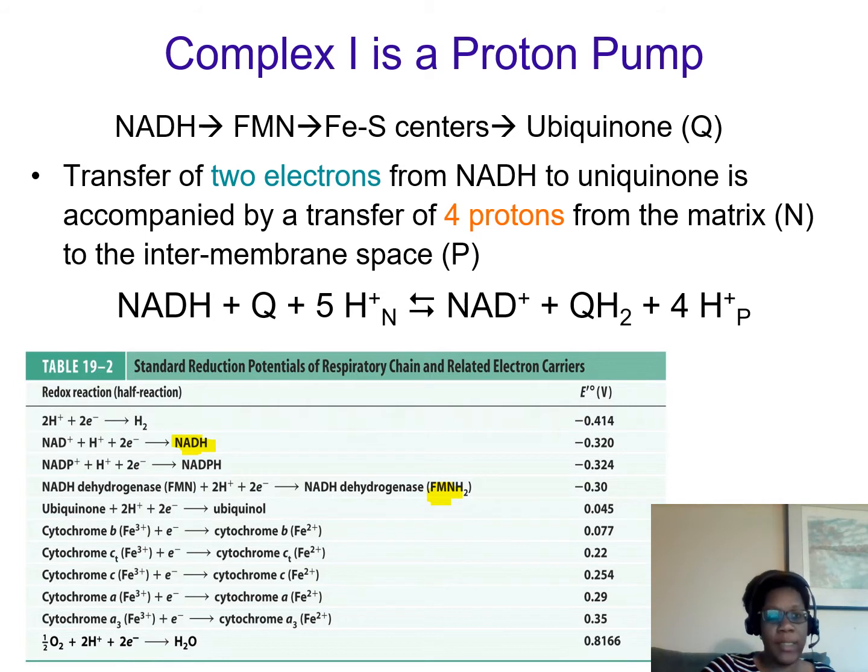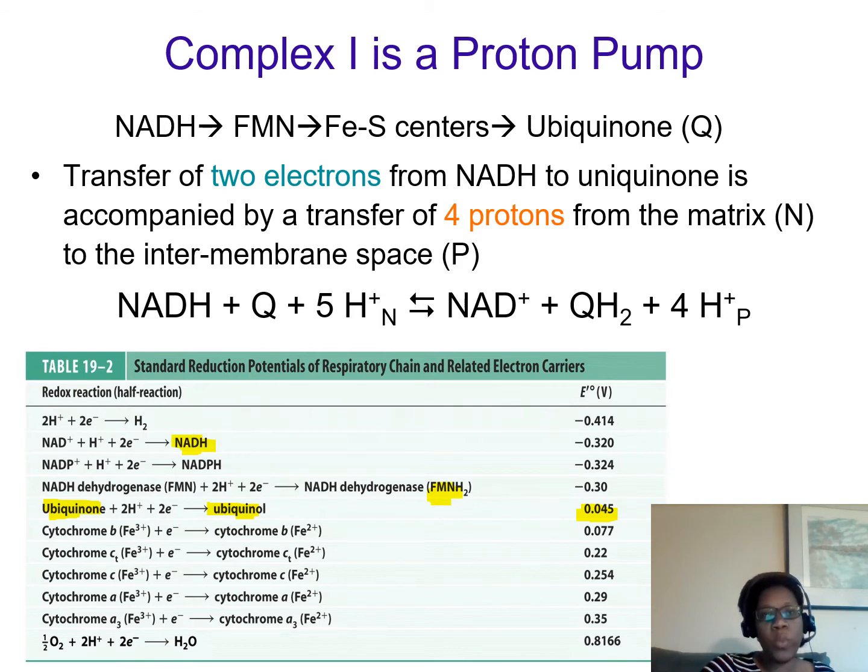So it makes sense that we go from NADH to FMN. And then we say an even higher reduction potential is ubiquinone. When it gets reduced, it's ubiquinol. It has a positive or even higher reduction potential, basically meaning it has a higher affinity for electrons.